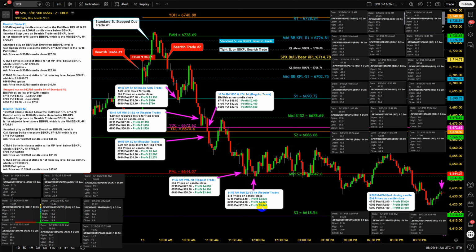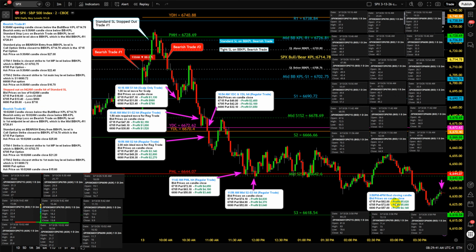The 66.90, 36.40 minus this loss here on the opening trade of 710, that is a net of $2,930 per option. Of course, that's before commissions, clearing fees, and any slippage.